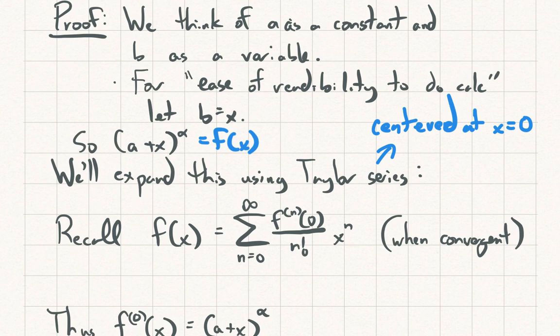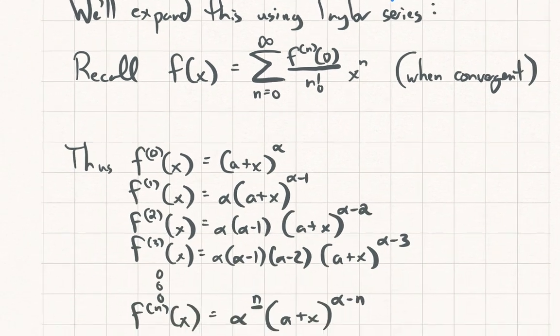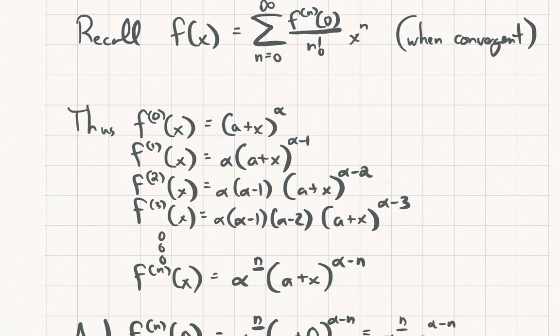But let's use the idea of Taylor series to figure out the nth derivative. So let's go ahead. Well, the 0th derivative, that's easy. That's just do nothing. It's just a plus x to the alpha. And you can see here that we could use a very easy chain rule here. And in fact, the chain rule is fairly easy since the inside has derivative 1 anyway. We can just view a plus x as a variable.